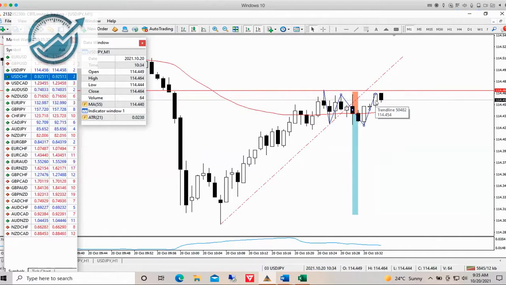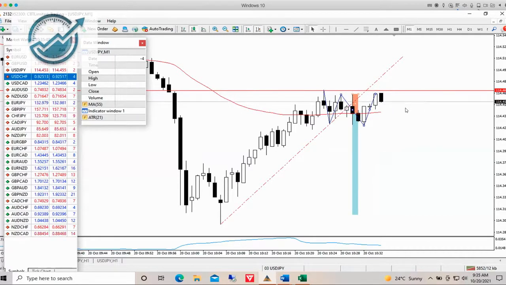1, 2, 3, 4, 5. Just for ease of calculation, remember we would have that offset. Normally on the H4 time frame, we use 1% of the daily ATR. So that just gives us a little bit of leeway when it comes to the trade, making sure we don't get stopped out prematurely.